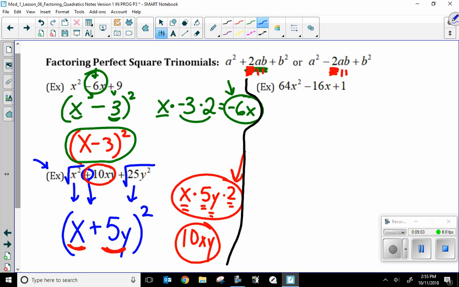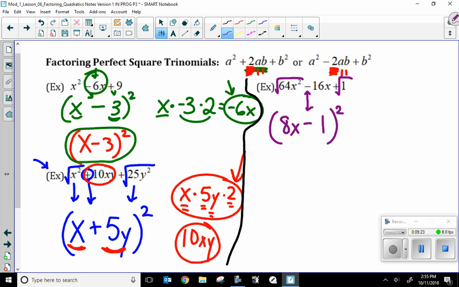Let's go purple. Look at this. I know 64 is a perfect square. That's 8x. 1 is a perfect square. 1 times 1 is 1. There's a minus sign in the middle here, so I'm just going to put it here. Done. Let's make sure that's right.